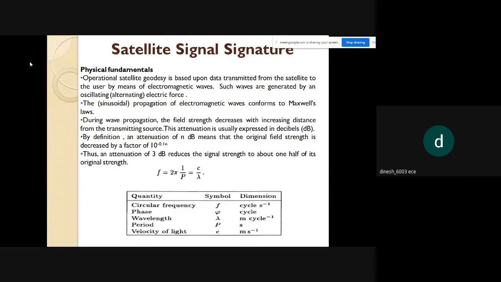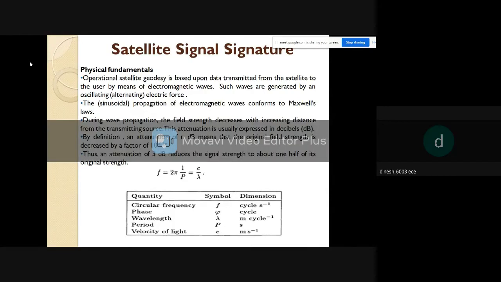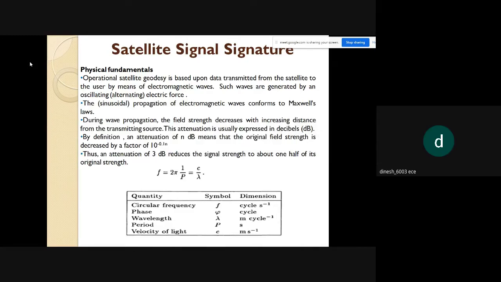In the physical fundamentals, we always use an electromagnetic wave to transmit our signals. All the data transmission occurs through propagation of electromagnetic waves that satisfy Maxwell's equations.